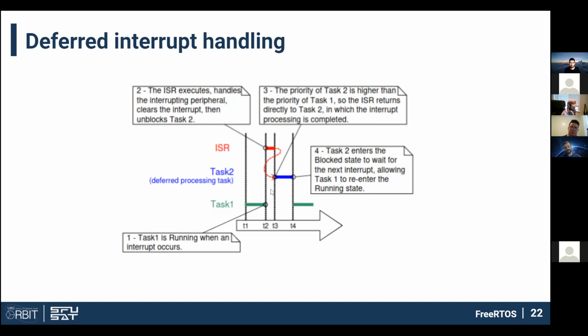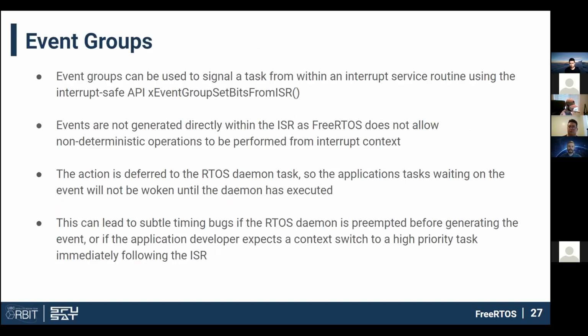So if you have some intermediate priority tasks that are higher priority than the daemon task, but lower priority than the task that would become unblocked by your event group, your higher priority task would need to wait until all these intermediate tasks have an opportunity to run and until the daemon task is run. So it's just something to keep in mind if you're using event groups to synchronize very high priority tasks.